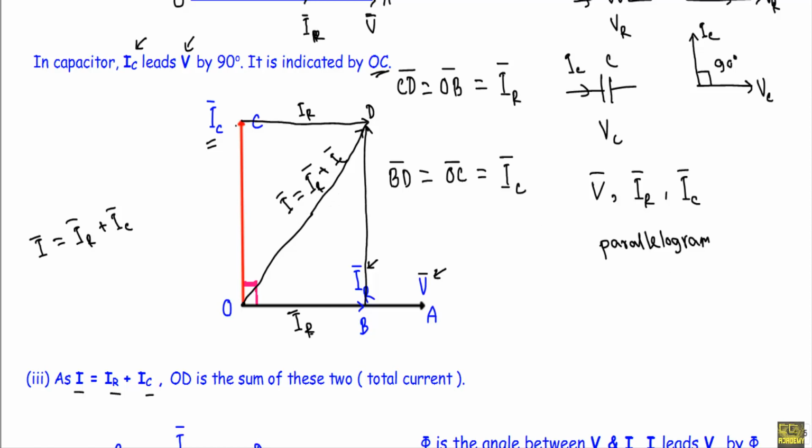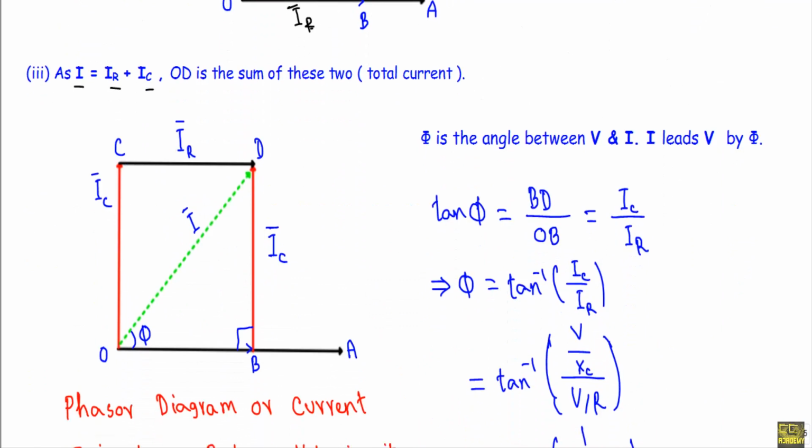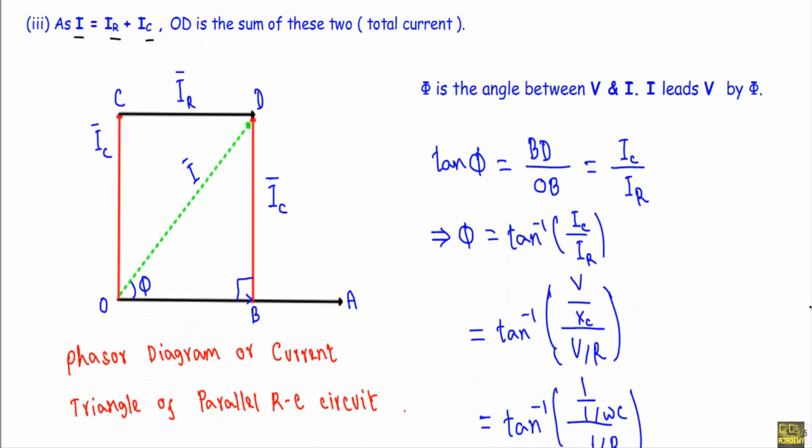So if you want to look at the neat sketch of the complete phasor diagram, this will be our phasor diagram of the parallel RC circuit. This diagonal of this parallelogram will indicate the total current.